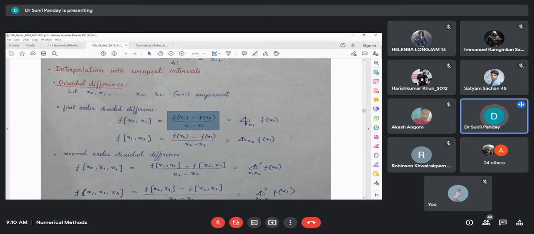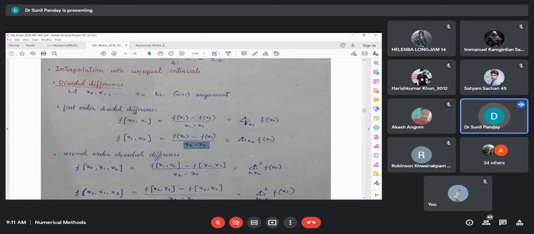If you see the next data, for f of x1 comma x2, it is defined by f of x2 minus f of x1 divided by x2 minus x1, and this cross delta we call delta x2 f of x1. It means f of x2 minus f of x1 divided by x2 minus x1.